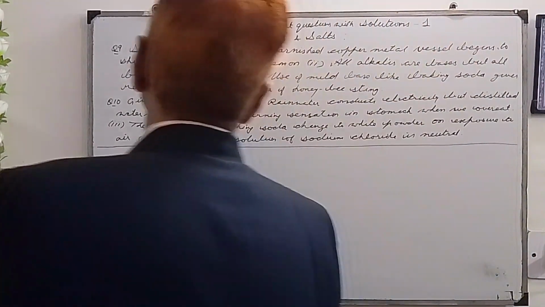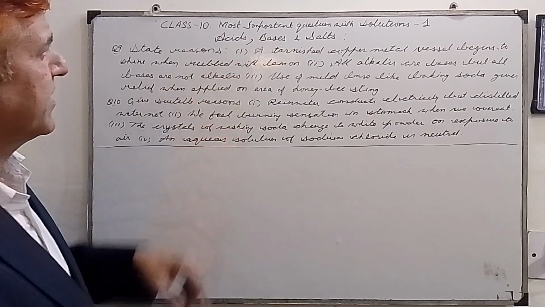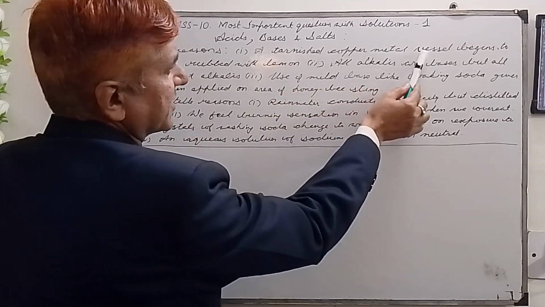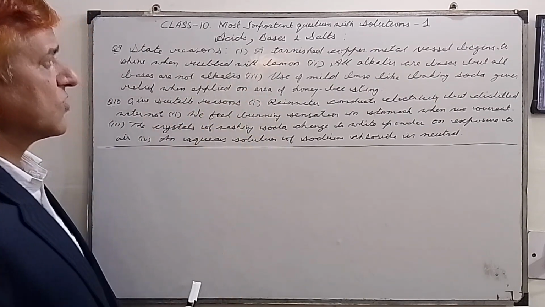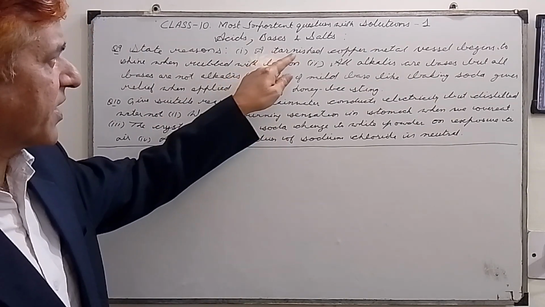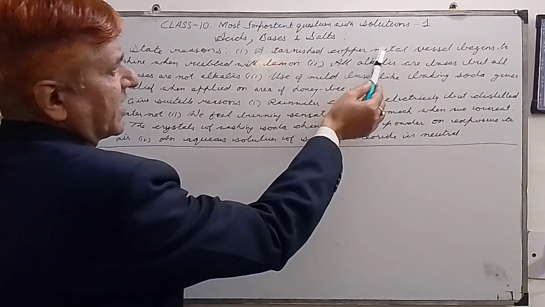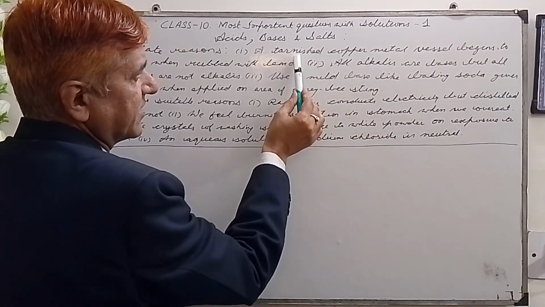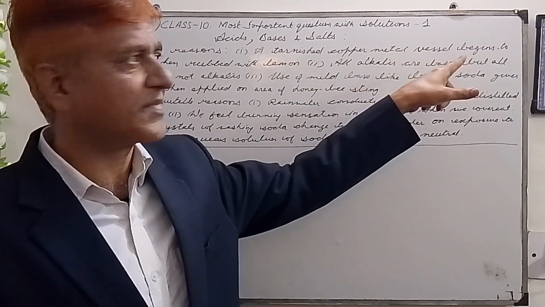So now, my dear students, our next question is state reasons. Number 1, a tarnished copper metal vessel begins to shine when rubbed with lemon. So first of all, understand the meaning of tarnished copper metal vessel. Tarnished means a corroded copper vessel.